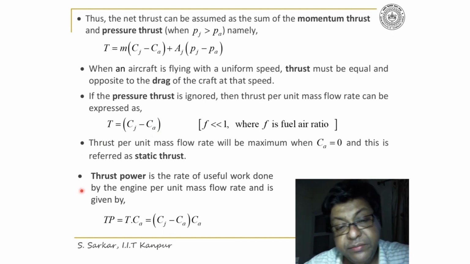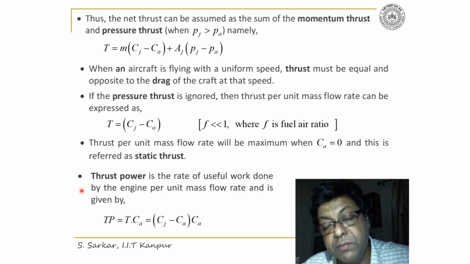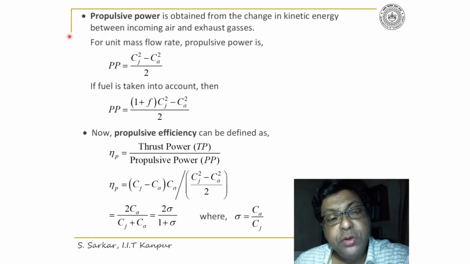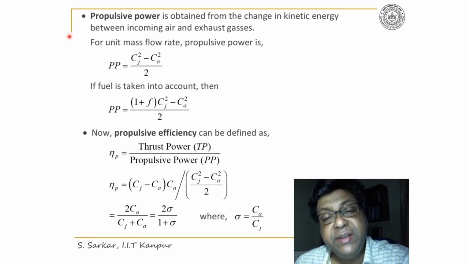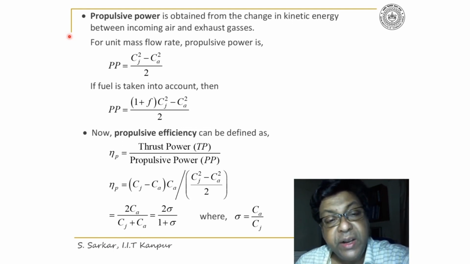Thrust power is the rate of useful work done by the engine per unit mass flow rate, and is given by Tp is equal to T into Ca, that is equal to Cj minus Ca into Ca. Now the propulsive power is obtained from the change in kinetic energy between the incoming air and the exhaust gases.